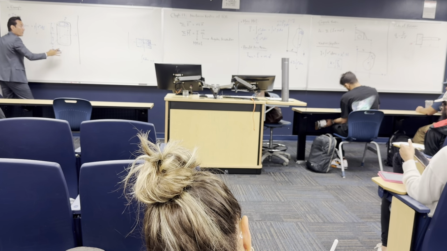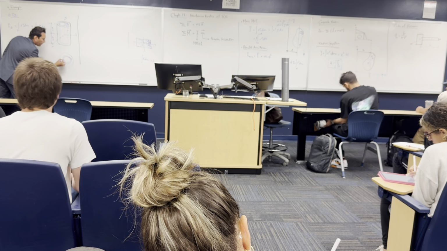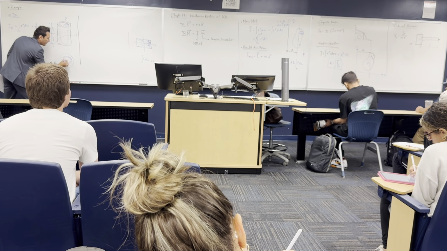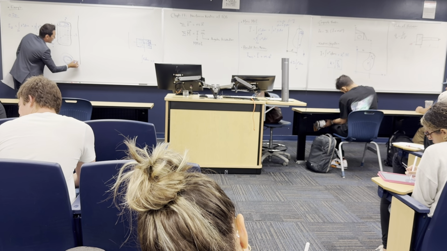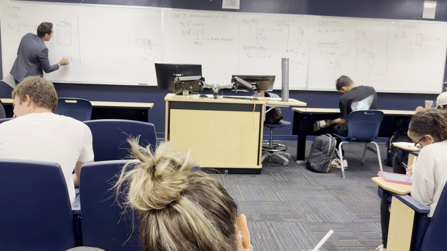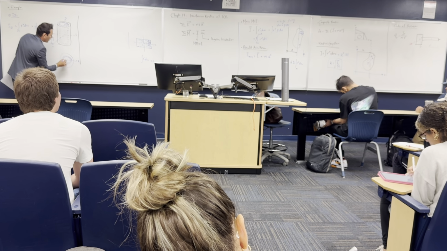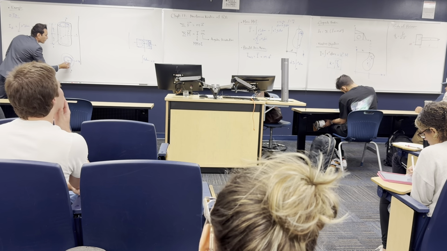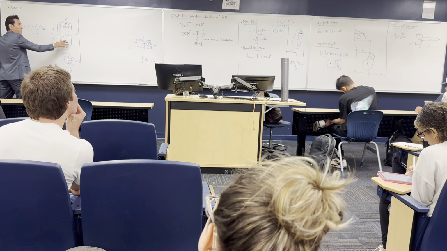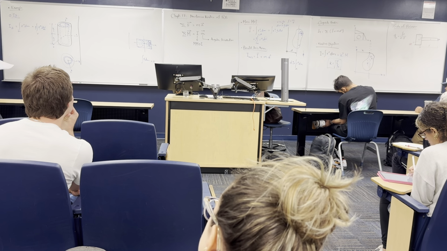Okay? If I look at the cylinder from the top, it's gonna be something like this, and my strip is gonna be something like this. Right? So this is X. This is Y. So let's find the dV of this small cylinder inside the big cylinder.